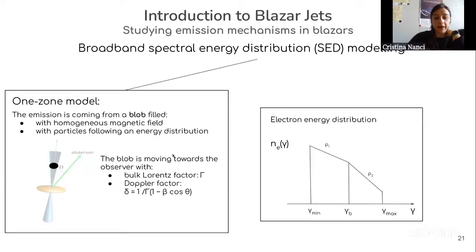And also we have the parameters describing the particle energy distribution. In the case of a leptonic model, we have only the parameters describing the electron energy distribution, but in hadronic models we have also the proton energy distribution. Okay, so a really complex scenario where we have a high number of parameters and high degeneracy between them.